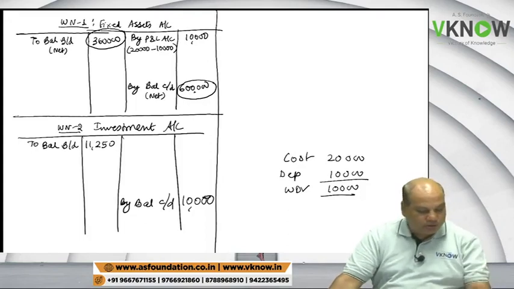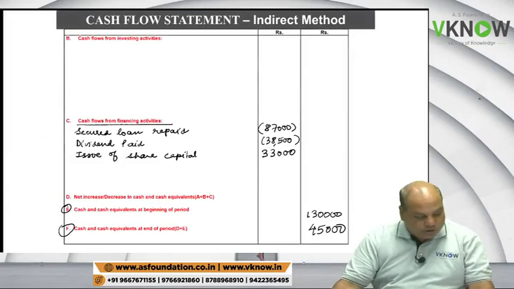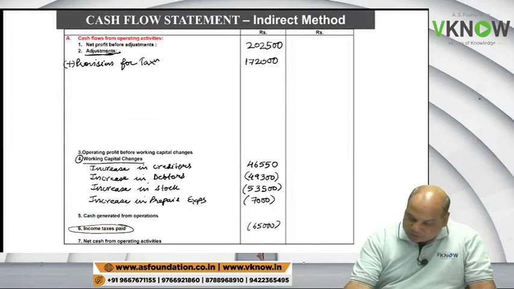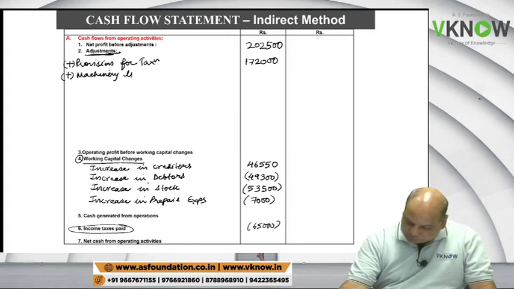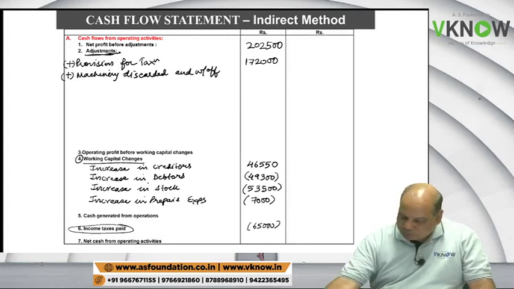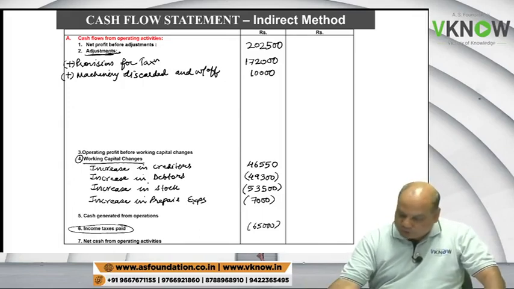So in adjustment we will write, operating activity adjustment, add back machinery discarded and written off 10,000 positive. Working note 1.